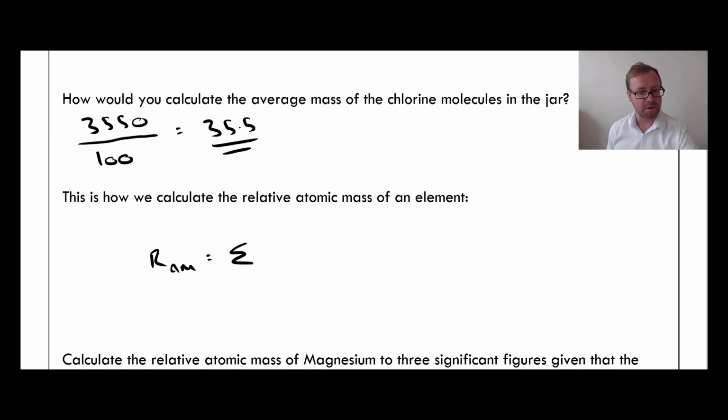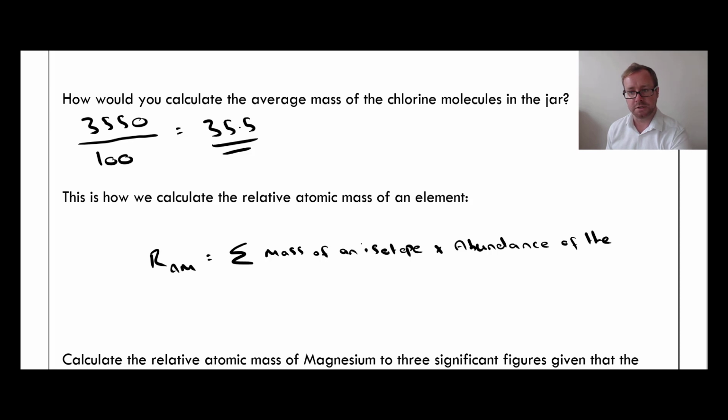So the sum of the mass of an isotope times the abundance of the isotope.